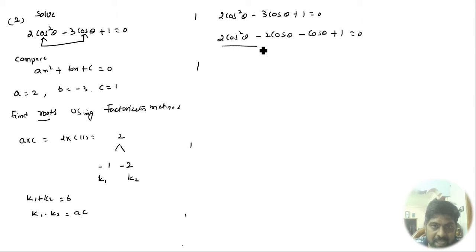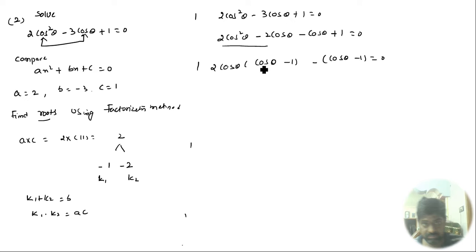So from this we take 2 cos theta as a common factor, we get cos theta minus 1 equal to 0, and minus is taken as common, we get cos theta minus 1 equal to 0. So we get cos theta minus 1 into 2 cos theta minus 1 equal to 0.